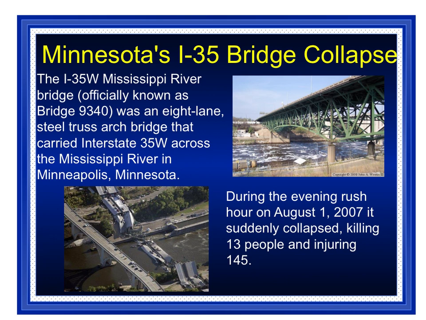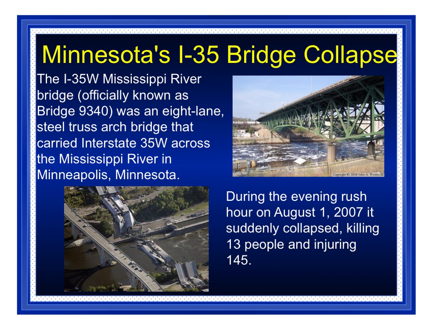And the final engineering failure that we're going to look at here today is Minnesota's I-35 bridge collapse. The I-35W Mississippi River Bridge, officially known as Bridge 9340, was an 8-lane steel truss arch bridge that carried Interstate 35W across the Mississippi River in Minneapolis, Minnesota.